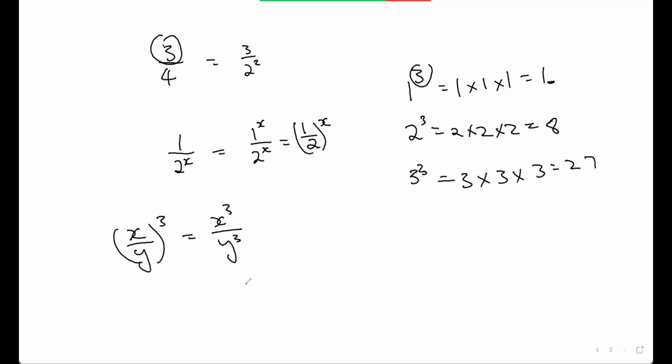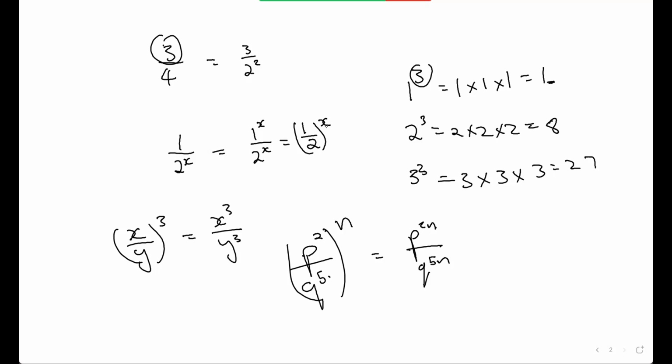Or let's say you had p exponent 2 all over q exponent 5, then exponent n. So this is going to be the same as p exponent 2n all over q exponent 5n. So it multiplies. The n multiplies this and it multiplies that. It doesn't add.